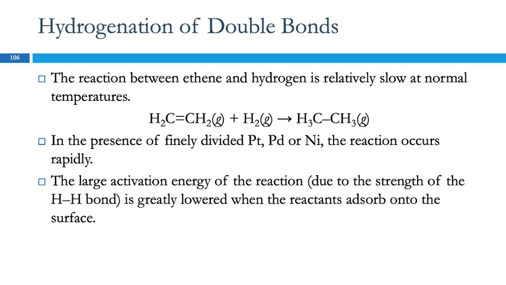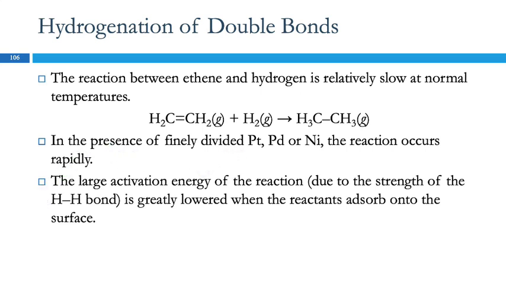Another example of catalysis. So the reaction between ethene, which is a 2-carbon hydrocarbon that has a double bond, and hydrogen is pretty slow at normal temperatures. But if we have a catalyst of finely divided platinum, palladium, or nickel, then the reaction occurs rapidly.